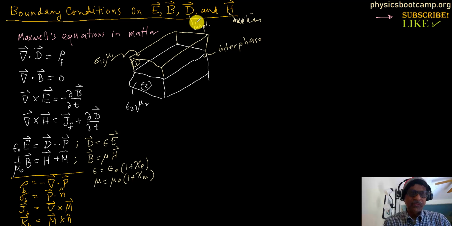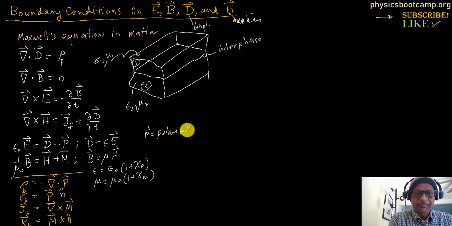Let's look at the laws first. In matter, these are relations between things. You have a polarization, so P is polarization, which is the density of electric dipole moment. So delta P over delta V, that's what it stands for.